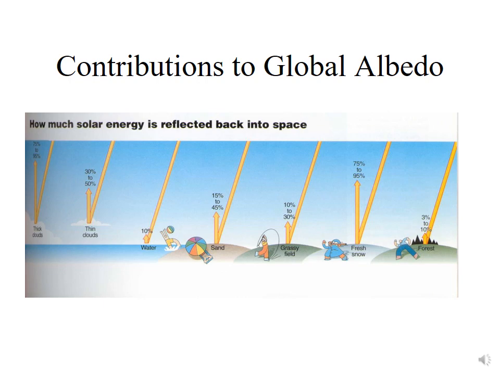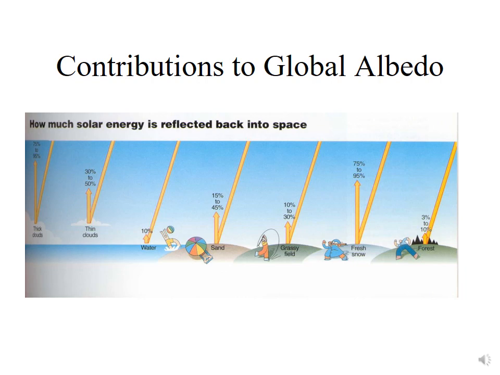Water, on the other hand, is generally a very dark and non-reflective surface. It only reflects about 10% of the incoming solar radiation on average, unless you happen to be at the specific angle where the angle of incidence equals the angle of reflection, and then the water can act as a mirror, but that's only at a very specific angle.